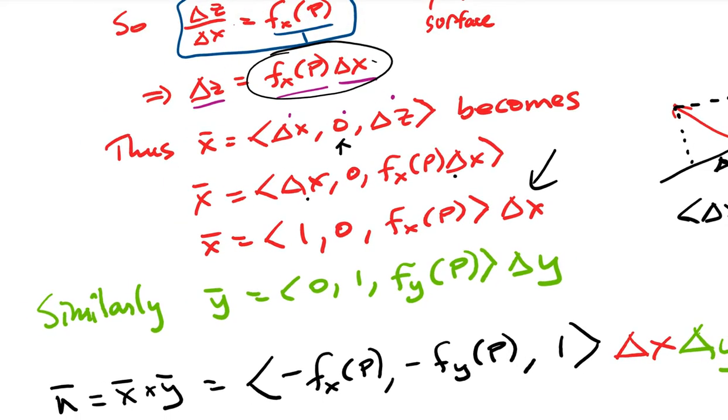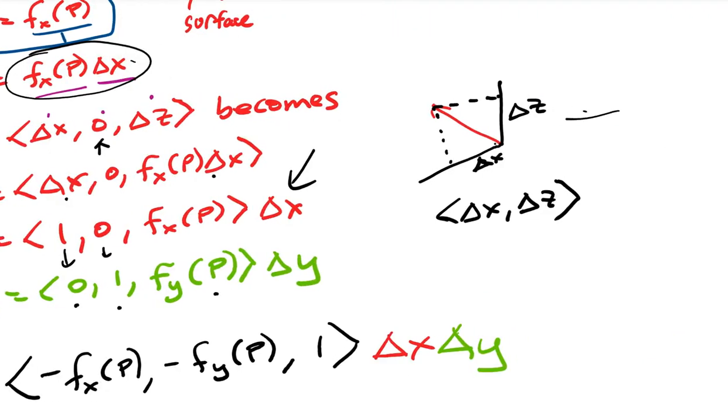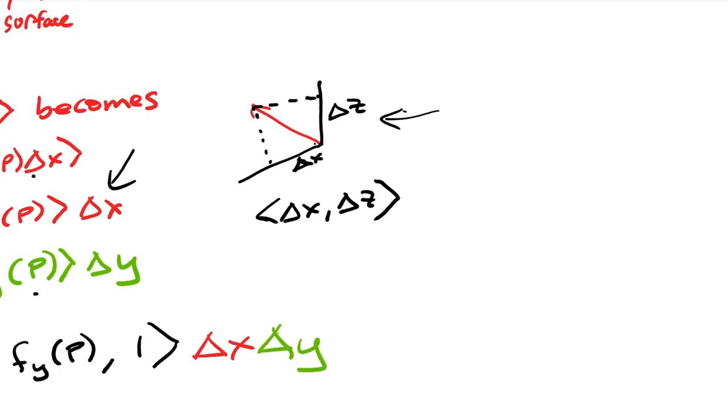Now, I can do the same business with y, and I get 0, 1, so this 1 and the 0 switch, 0, 1, f sub y of p, delta y. I would invite you to stop the video and draw the scenario with this x here, this is y, this is z, with the green vector.